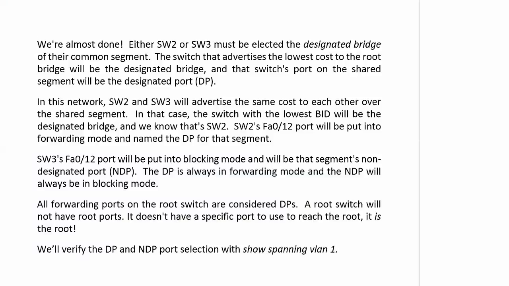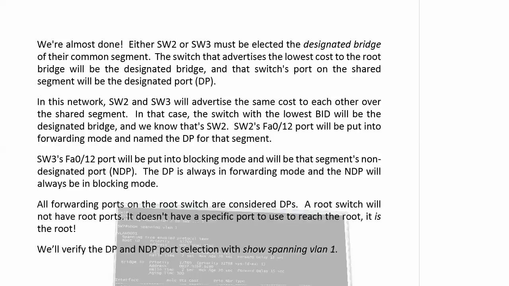So finally, switch 3's Fast Ethernet 1/2 port is going to be put into blocking mode, and it's what we usually call a non-designated port in documentation, an NDP. The DP of a segment is always going to be in forwarding mode, and the NDP is always going to be in blocking mode.